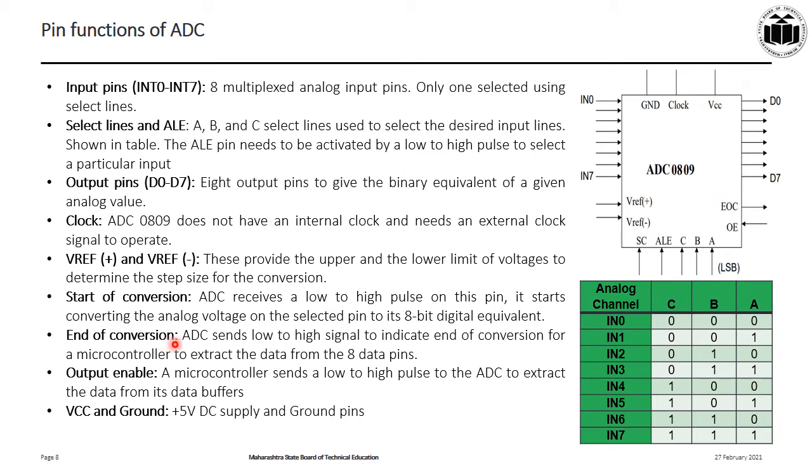End of conversion, ADC sends a low to high signal to indicate end of conversion, and for microcontroller to extract the data from 8 pins. Output enable sends a low to high pulse to ADC to extract data from its data buffers. Then ground and supply pins.